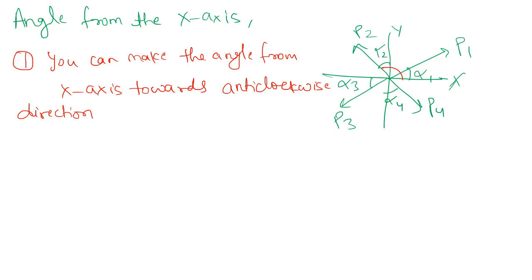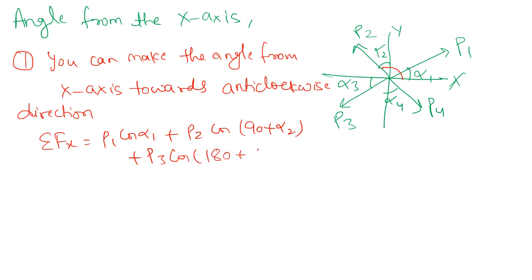In that case, similarly, you can get sigma Fx equal to P1 cos alpha 1, then P2 cos of 90 plus alpha 2, plus P3 cos of 180 plus alpha 3, and plus P4 cos of 270 plus alpha 4. Okay, so this is one mode of calculation.